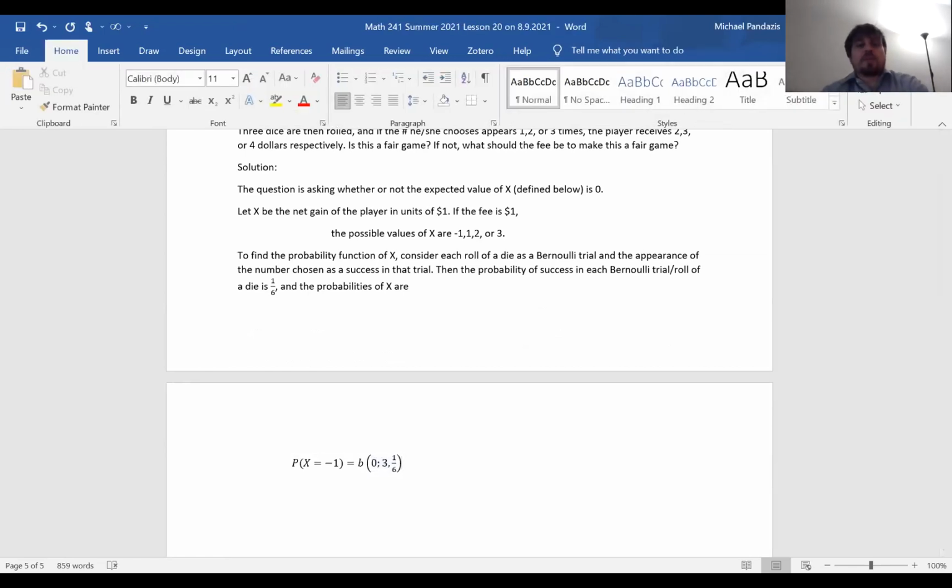What does that mean, right? Remember, we have Bernoulli trials. We roll the die 3 times, right? Each roll of a die is a Bernoulli trial. So we perform 3 Bernoulli trials.